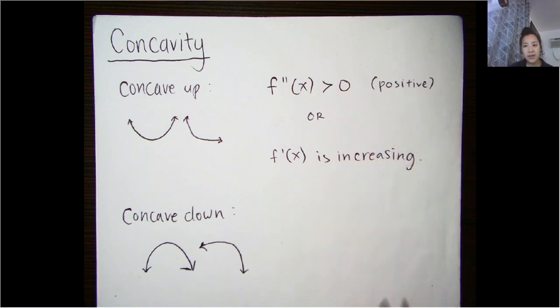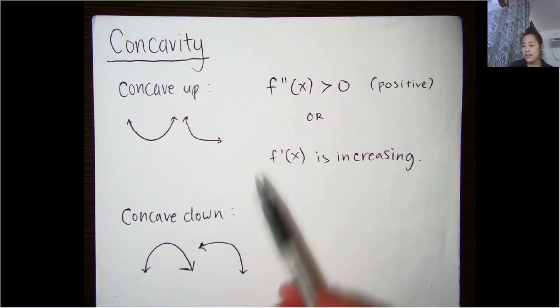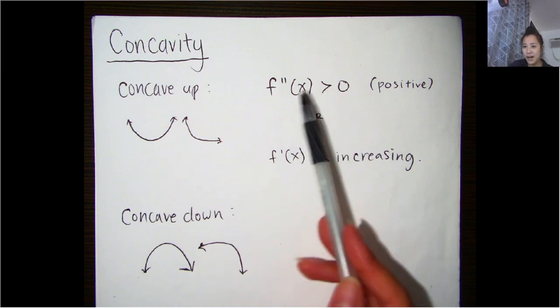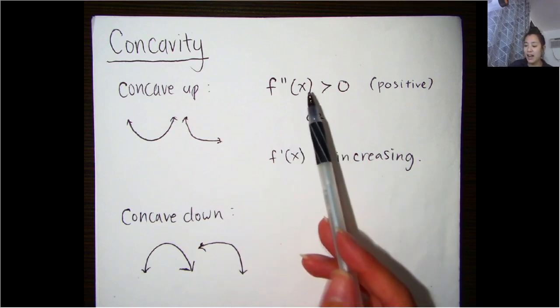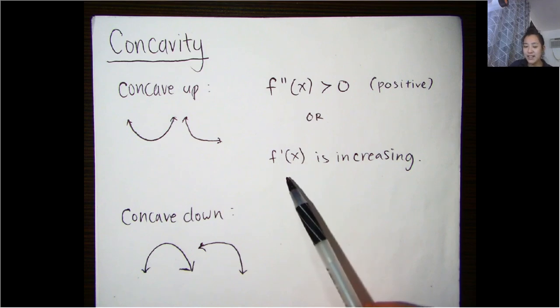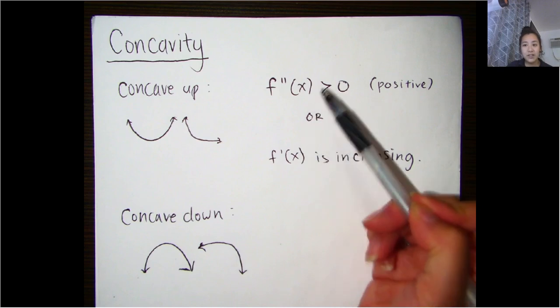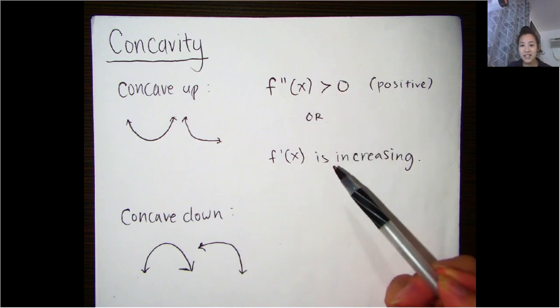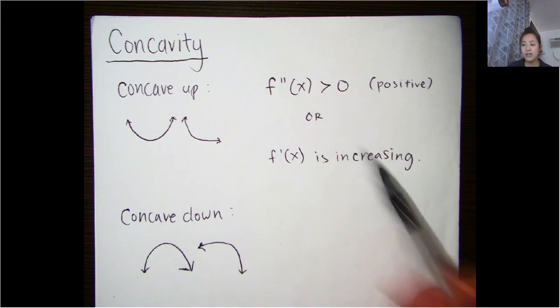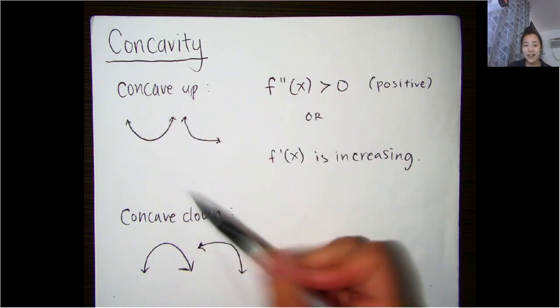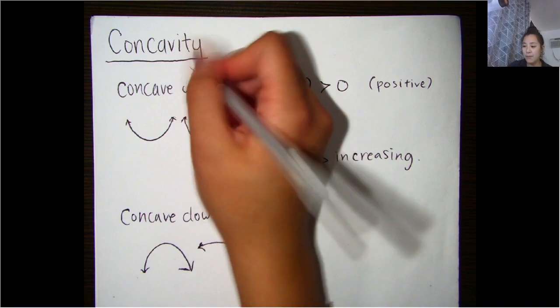If you think about that, it makes sense, because f double prime is the derivative of f prime, and if f double prime is positive, that would mean f prime would need to be increasing. Something's derivative is positive when it is increasing. So f prime is increasing, or f double prime is greater than 0, means f of x is concave up.